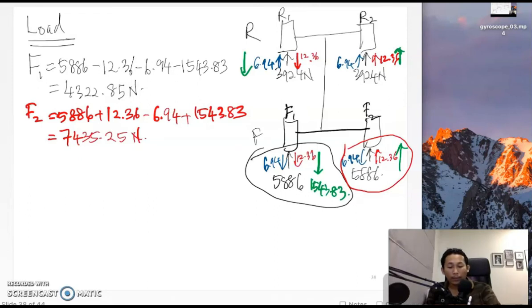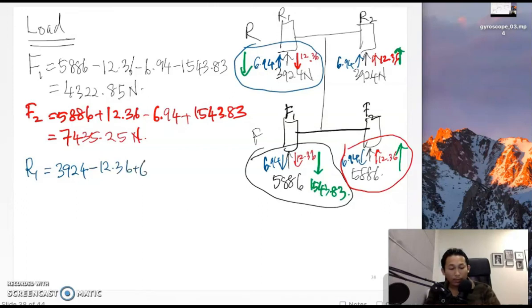We have our rear wheels. Okay, so rear wheel 1 is equal to 3924 minus 12.36 plus 6.94 minus 1543.83. Okay, so the rear wheel is 2374.73.